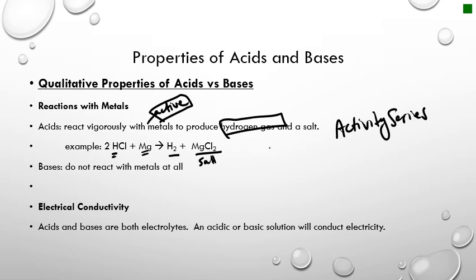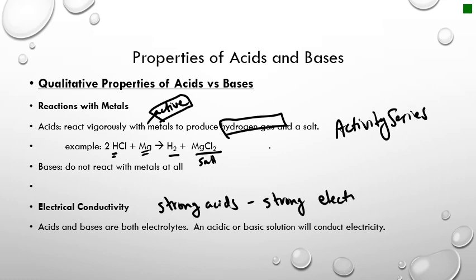The next property that we deal with will be electrical conductivity. For your acids and bases, they are both electrolytes. So that means that both solutions will conduct electricity. Now, there is one big thing here. When we talk about your strong acids and bases, and we'll get to those a little bit later, those will be strong electrolytes.